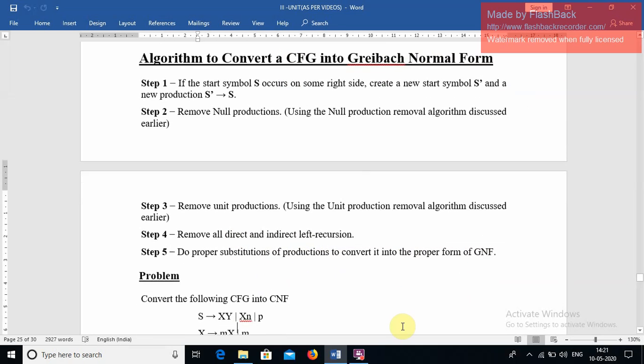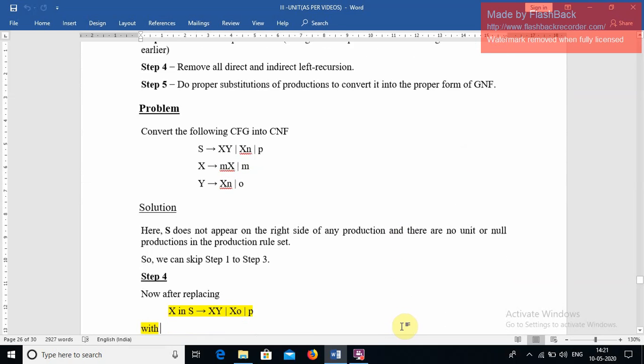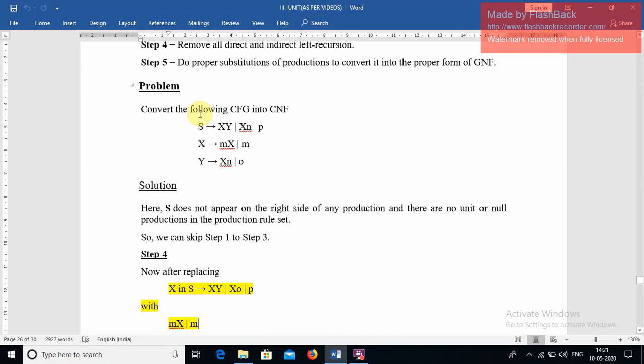Okay, so let's go with an example. Here this is the grammar given to us. S, the starting symbol, goes to XY, two non-terminals, one production rule; X b, non-terminal and terminal, second production rule; and p is a terminal. So from S, three production rules are combined into one.